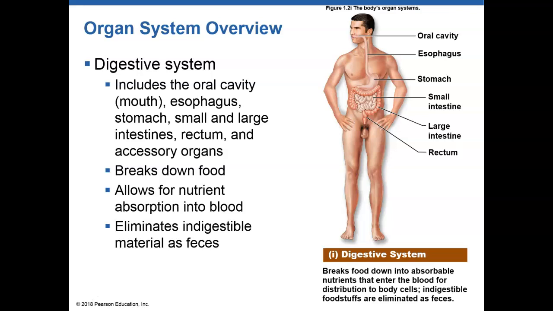The digestive system has the major organs, which I just named, which are part of what we call the GI tract, and then accessory organs like teeth and tongue and pancreas and liver that help in aiding with the breakdown of the food and absorption of nutrients.